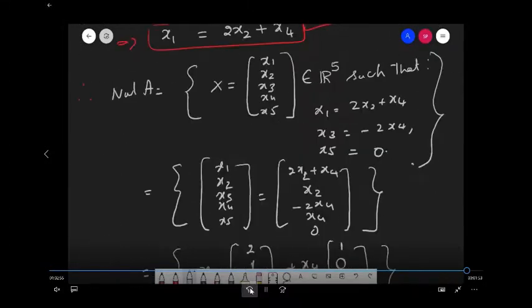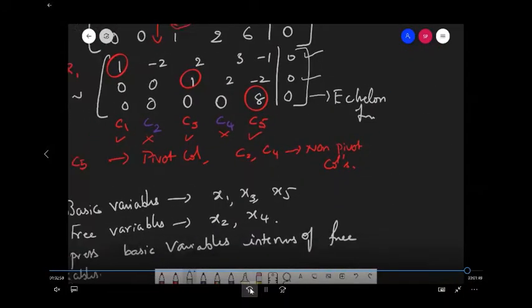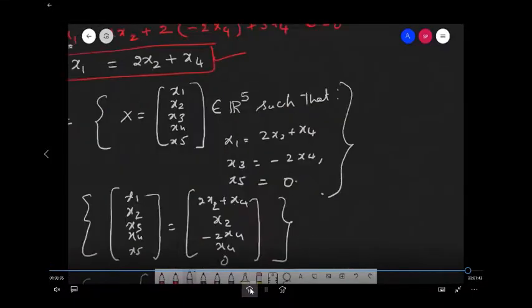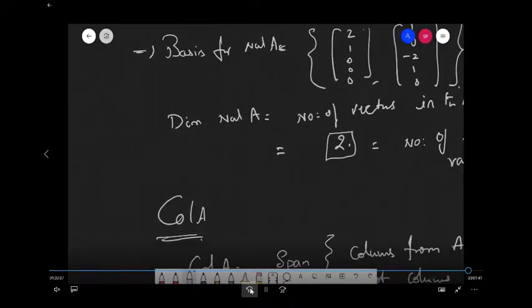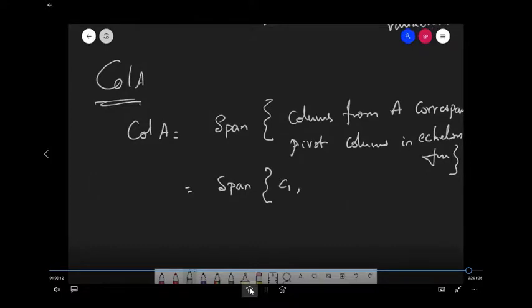Pivot columns in echelon form are, as we remember, C1, C3 and C5. So what are their corresponding columns in the given matrix? Here I can write the span is equal to C1, C3, C5 from A. Let us see in A what C1, C3, C5 are.